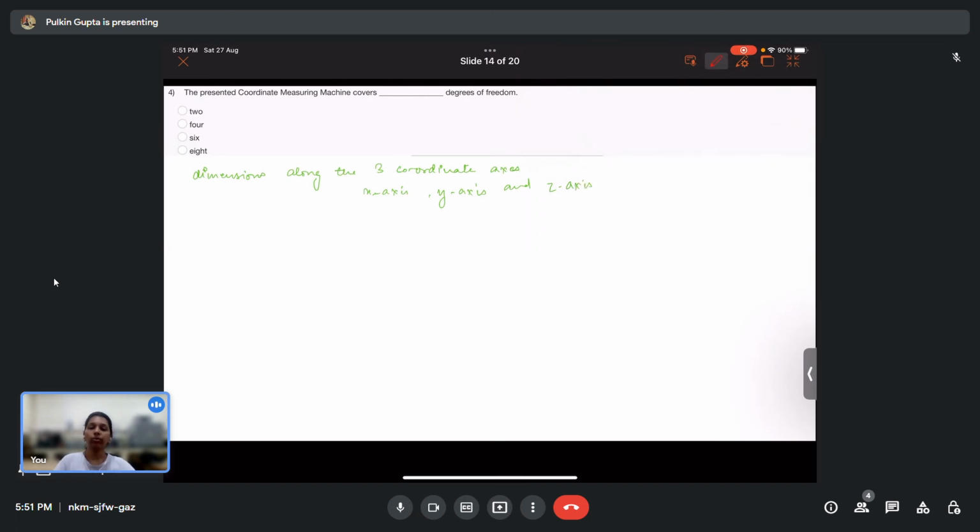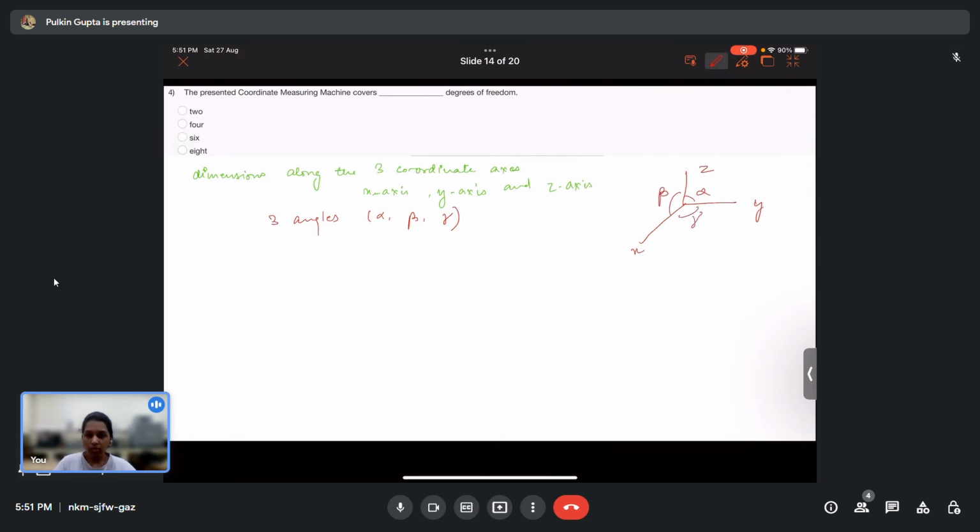And then we were also able to get the angles between different planes. There are three angles according to the coordinate axes, that is alpha, beta and gamma. So if this is x, y and z, this is your alpha, this is your beta and this is your gamma.